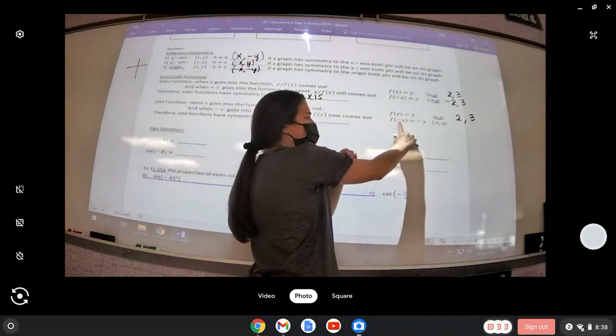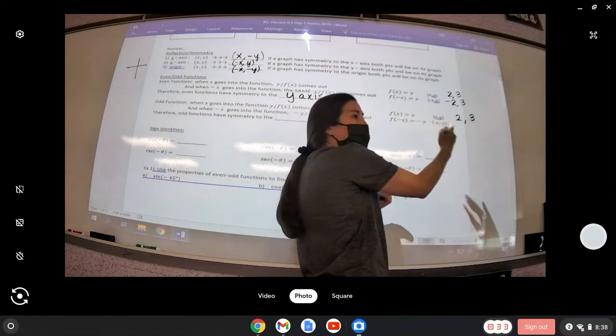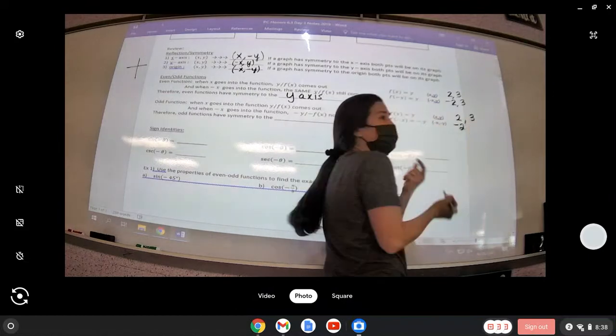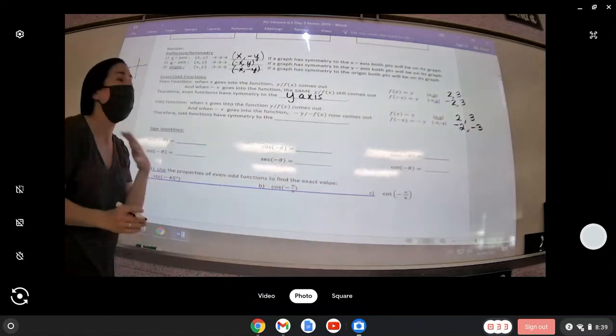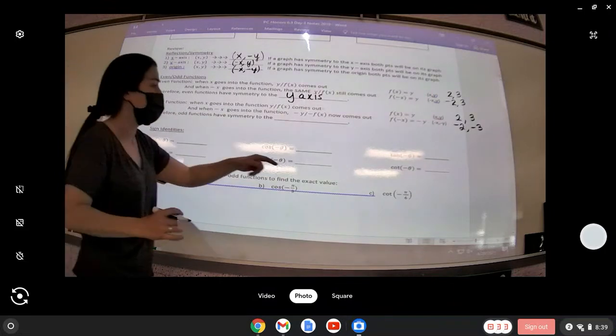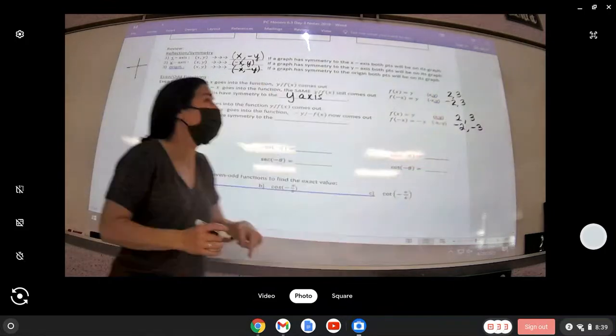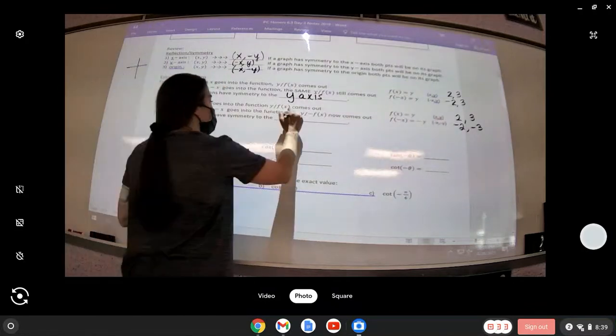So now you have negative x, negative y. That is by definition how an odd function behaves. So if these are points on its graph, then an odd function is going to have symmetry to the origin.